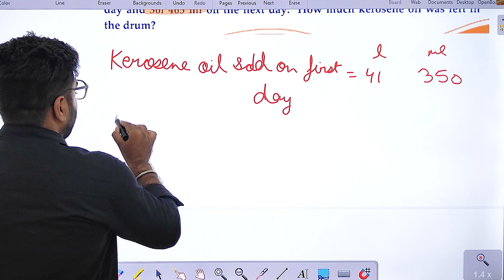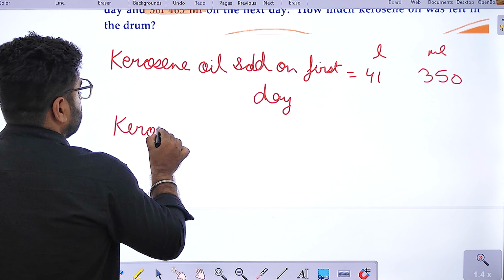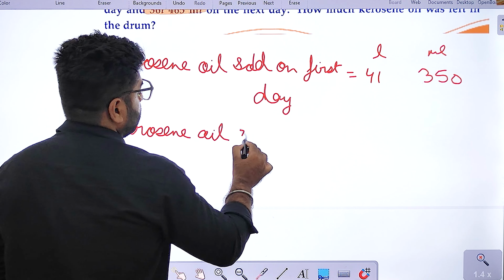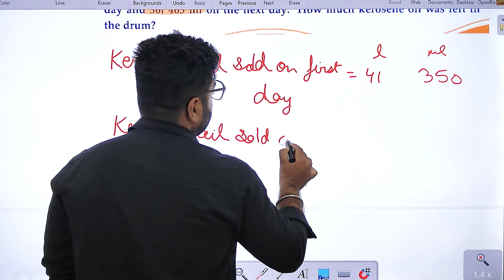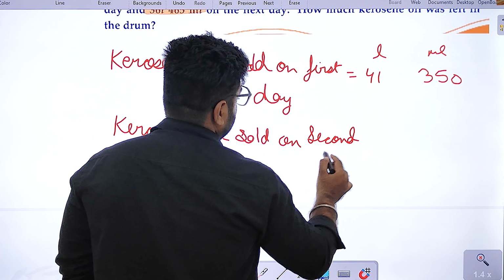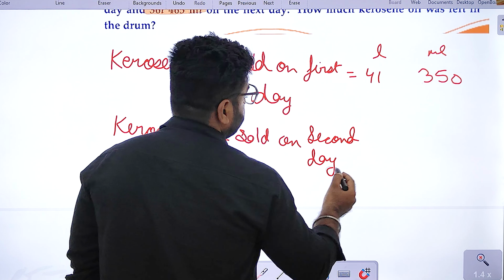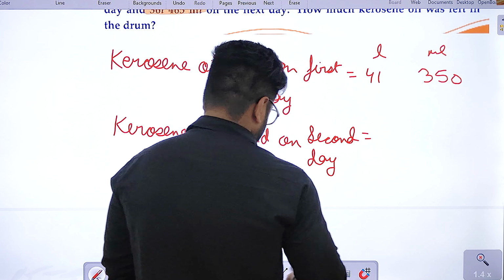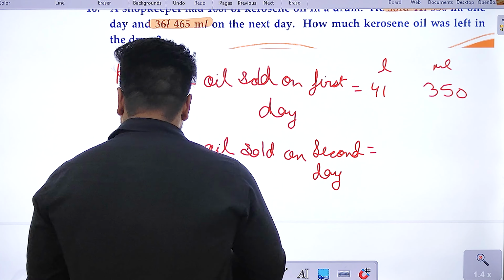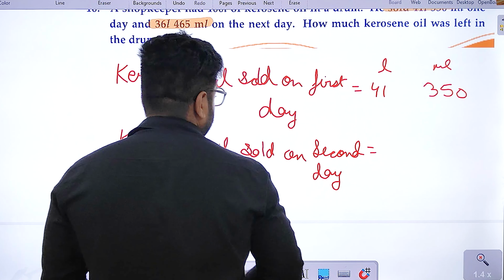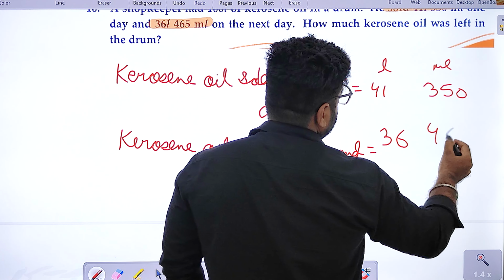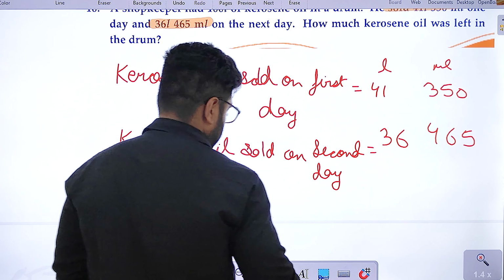Then we are having kerosene oil sold on second day. That is 36 liter, 465 milliliter.